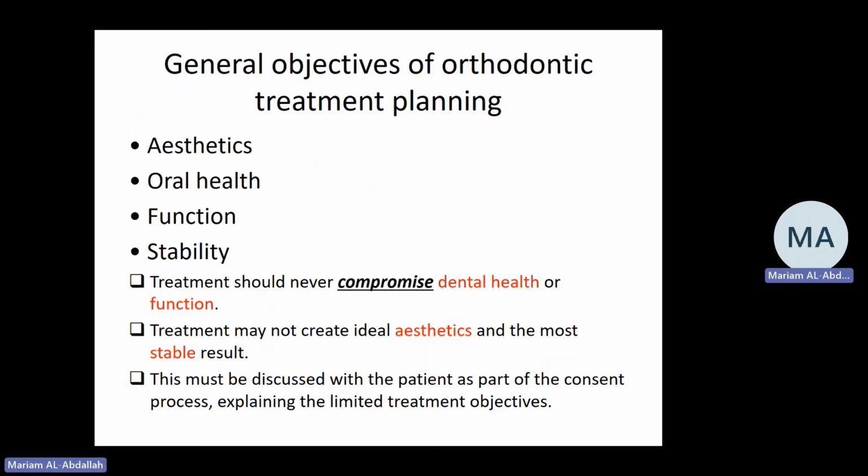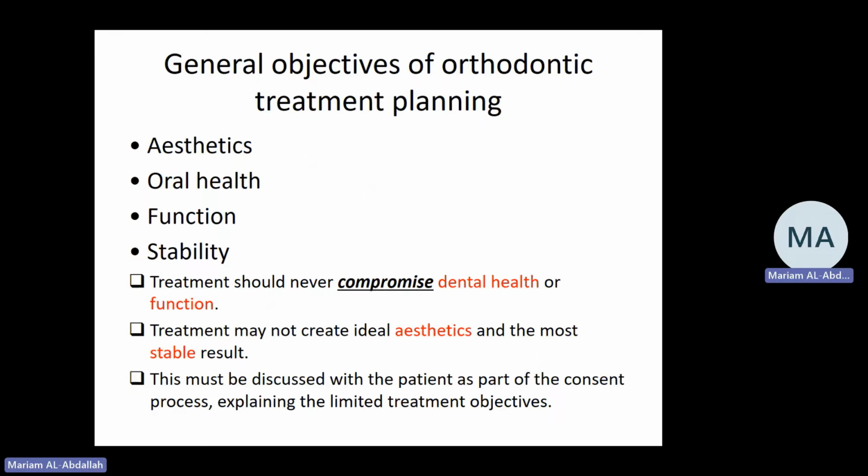Now, the general objectives of orthodontic treatment are to achieve optimal aesthetics, oral health, function, and stability. We should never compromise oral health or function. So we cannot end our treatment having premature contact and mandibular displacement, for example.